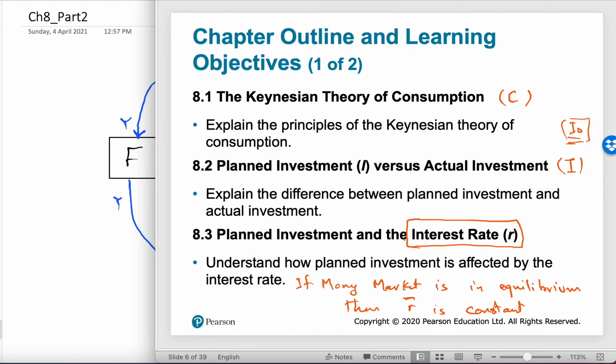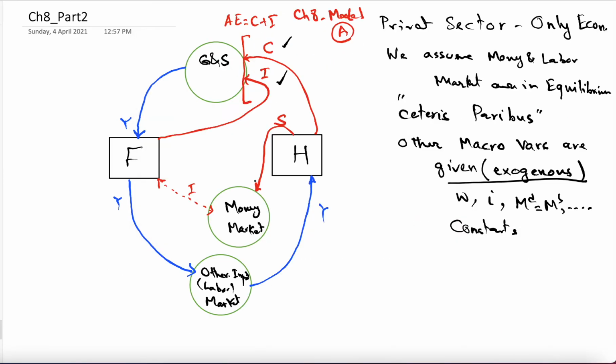So this is also an extra explanation of planned investment and its relation with the interest rate, because the interest rate is the most important factor. In this market, the equilibrium determines the price of money, which is called interest, where money demand equals money supply.